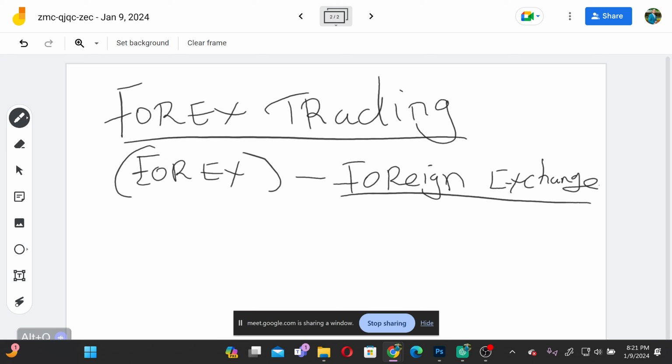If you want to go to the US, you won't use Kenyan money there; you have to buy the US dollar and sell the Kenya shillings. When you move from the US to Kenya, you'll be selling the US dollars and buying what? The Kenya shillings. After doing all that, that is what is called foreign exchange, because you have exchanged the currencies of different countries. You have done the transactions that exchanged those currencies.